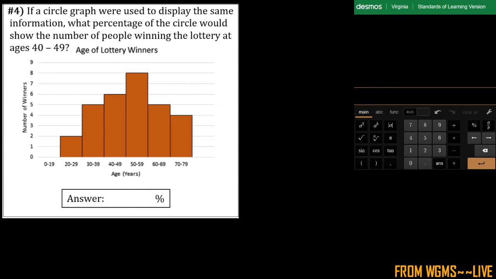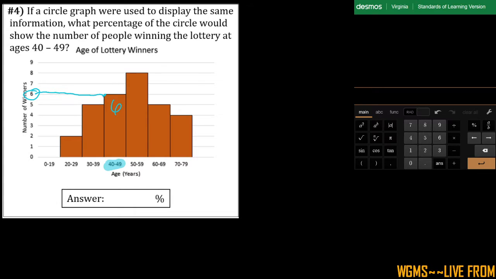So let's find that out. So I'm going to say, all right, I find where 40 to 49 is, and I need to find the value that goes along with it. So I'm going to go up and over and say, okay, there's 6 right there. So there are 6 people that are ages 40 to 49.